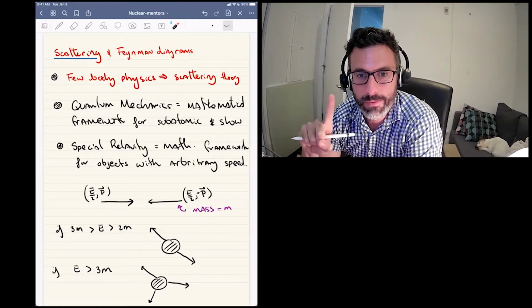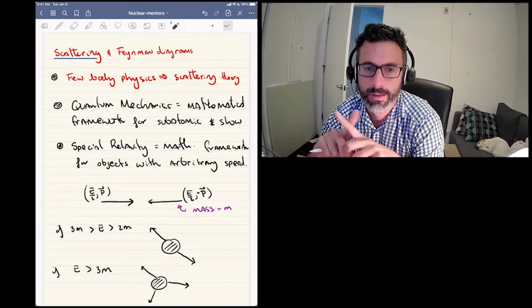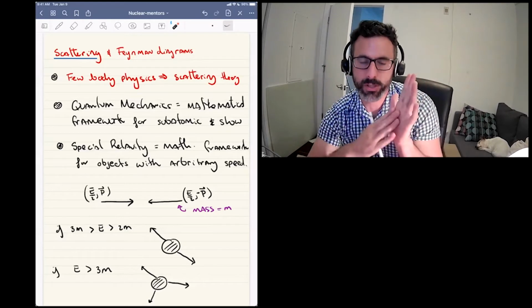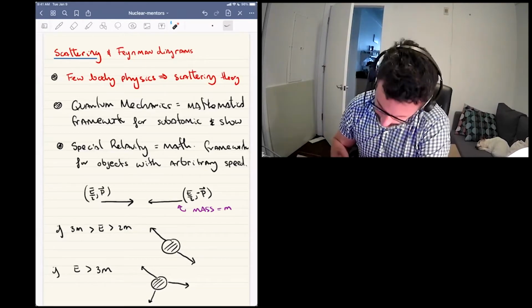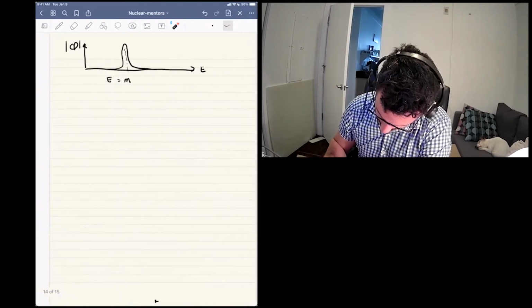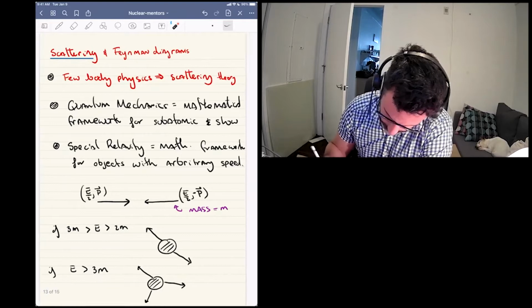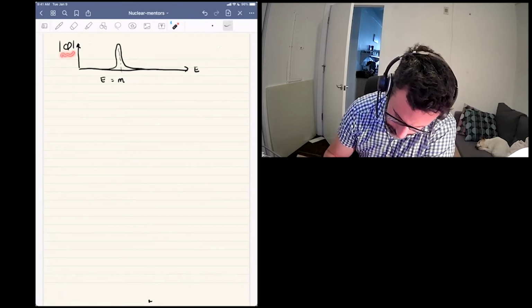And the problem is that as you go to higher and higher energies, you can have transitions between one particle and many particles. So if you have a single field here, the field could have couplings to other excitations.